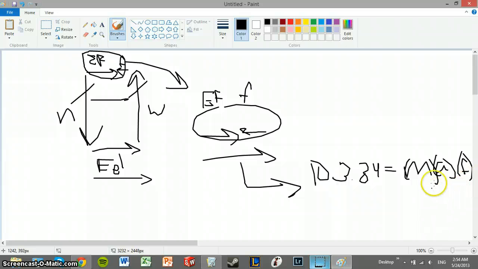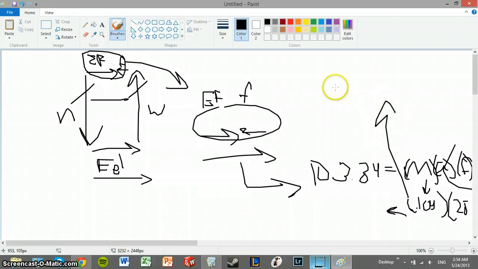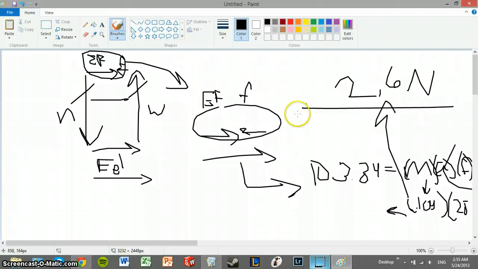So M is 0.104 times acceleration, which is 25. Through this, you can find this, which is really not needed because you just multiply these two out. When you multiply these two out, you get that the sum of forces equals 2.6 newtons. That's the sum of forces of the speeding up.